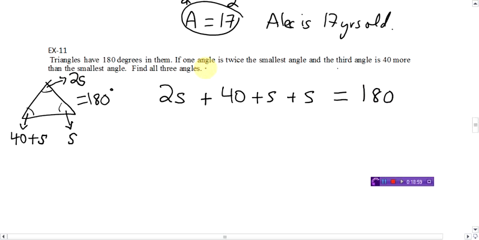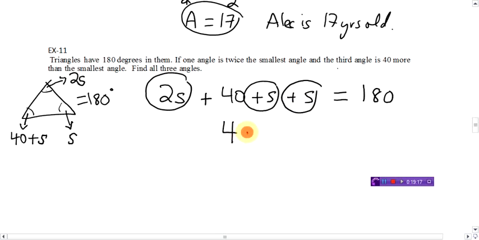Find all 3 angles. So now we have an algebra question like this. What do? Well, it's circles and squares on this side. We can reduce on this side, circles and squares. We got S's, we'll put circles around the S's. 2S plus 1S plus 1S is 4S.